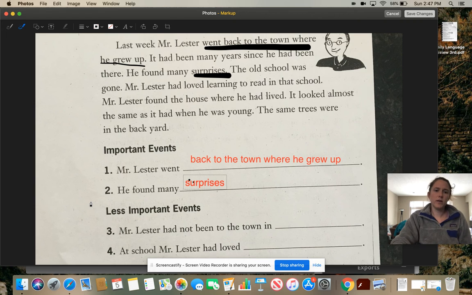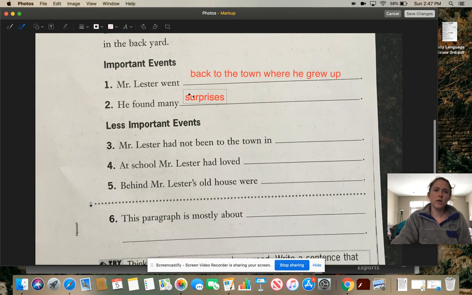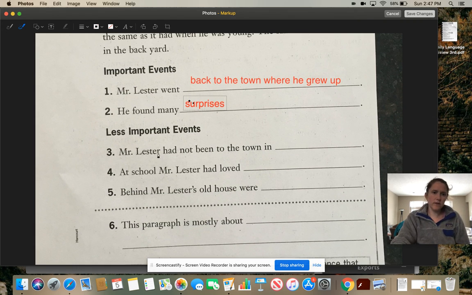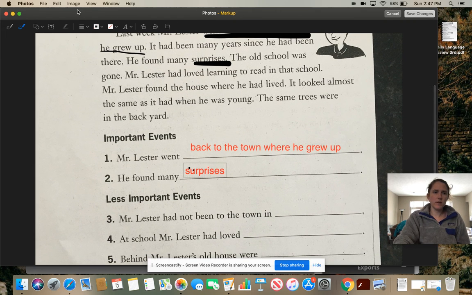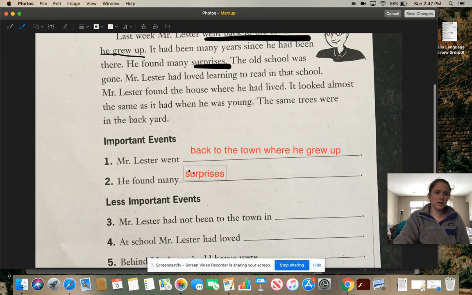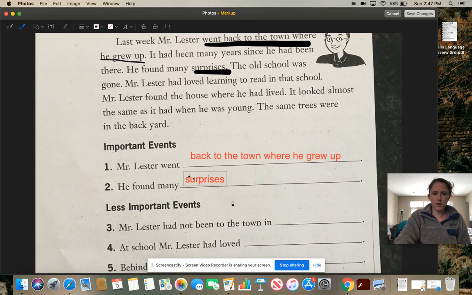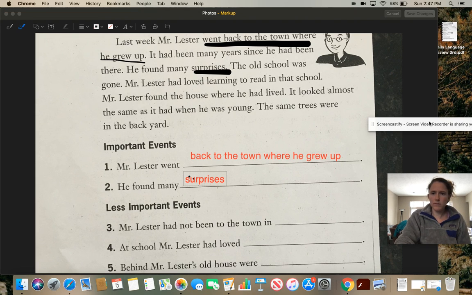So now we can scroll down and we can do the less important events. So let's see if I can fit more of this on. There. And I'll move this guy so that it's not in the way. Perfect.